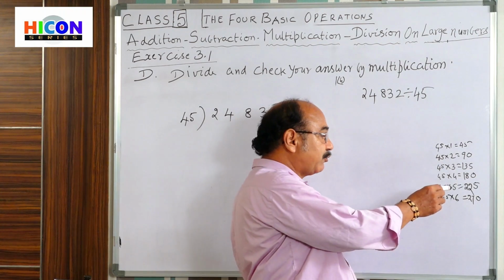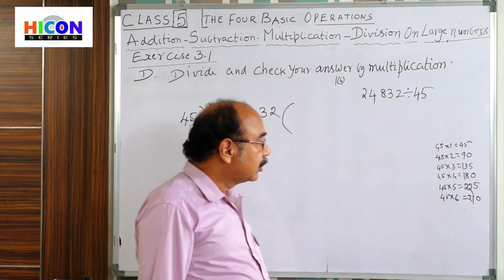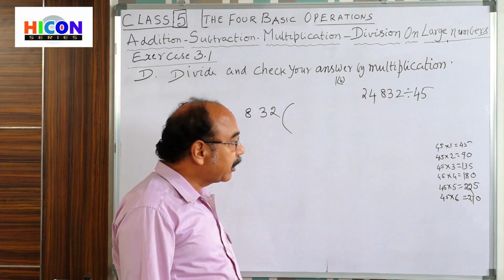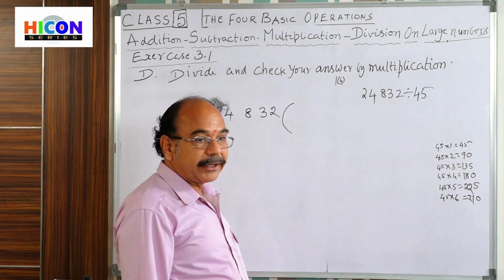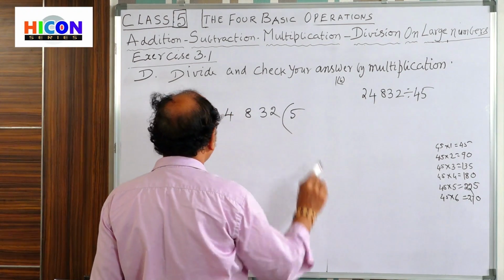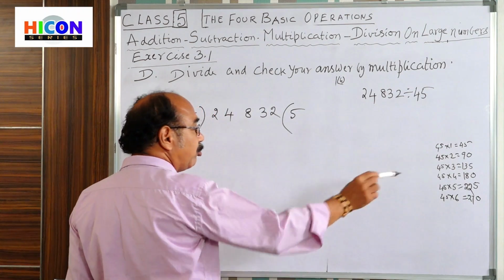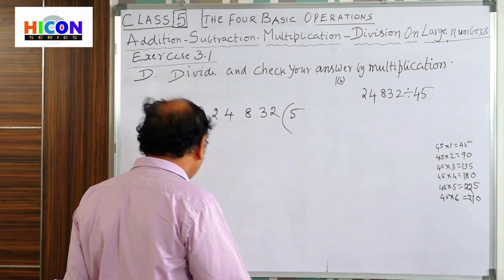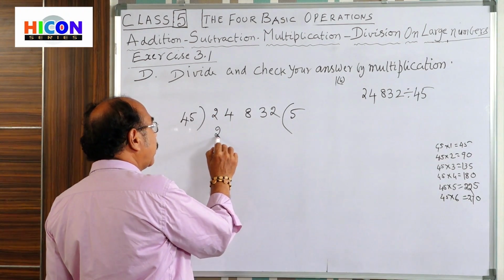So 5 times only. Write 5 in the quotient. 45 fives are 225. Write 225 here.